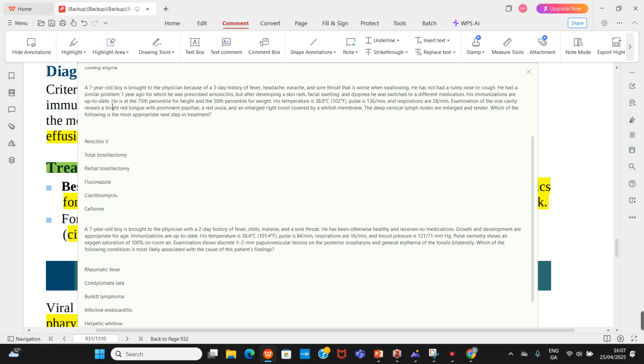He's 75th percentile for height and 50th percentile for weight. Temperature is 38.9, pulse is 136, respiration is 28. Examination of the oral cavity shows a bright red tongue with prominent papillae, a red uvula, and an enlarged right tonsil covered by whitish membrane. Deep cervical lymph nodes are enlarged and tender. Which of the following is the most appropriate next step in the treatment of this patient?